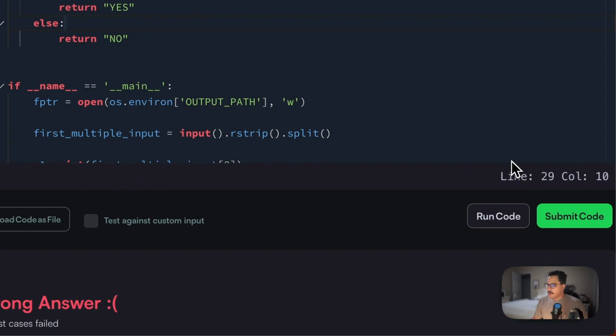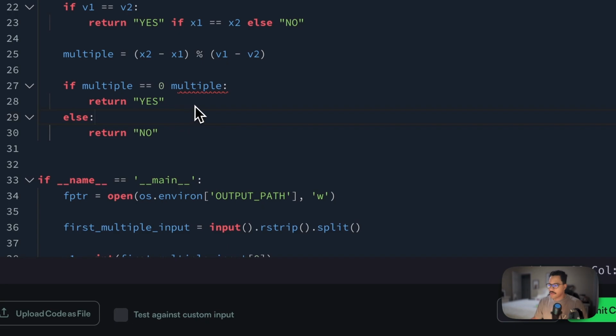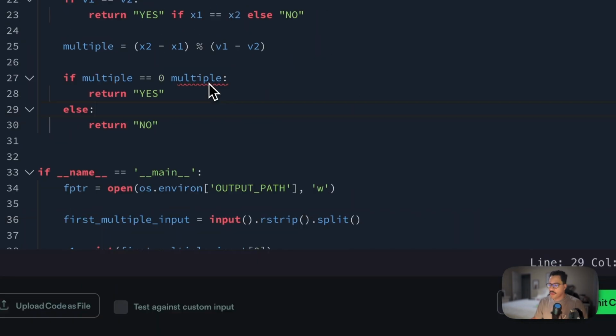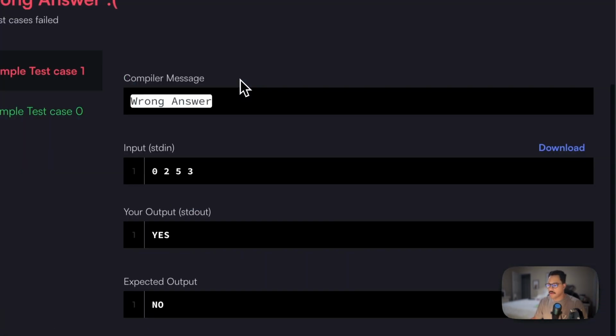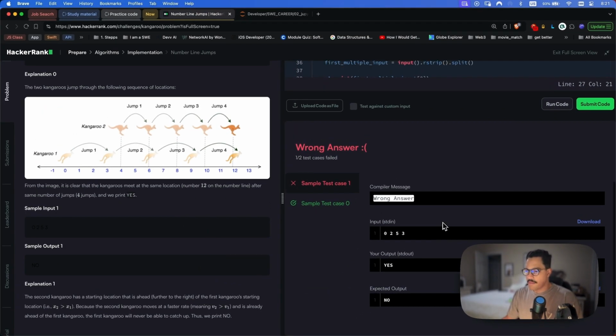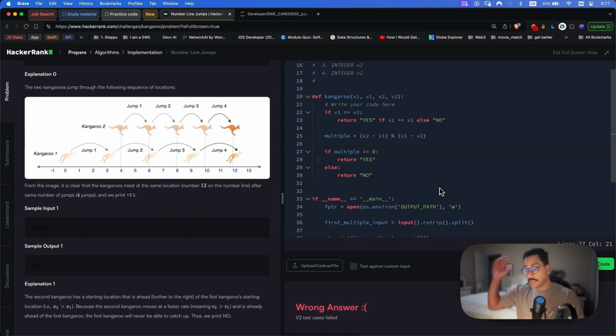No. Let me go ahead and run this thing again. I'm going to put the camera over here. Let me go ahead and run it, multiple. What am I doing here? Jesus. You guys see me doing that and don't say anything? Come on, man. Yeah, I'm missing something here. I knew I was missing something. What am I missing here?